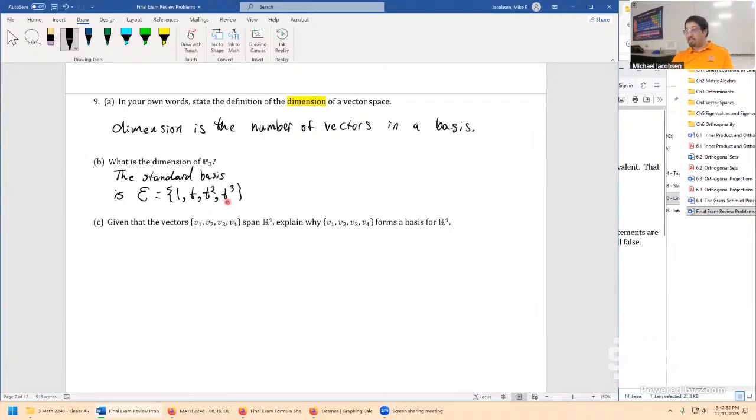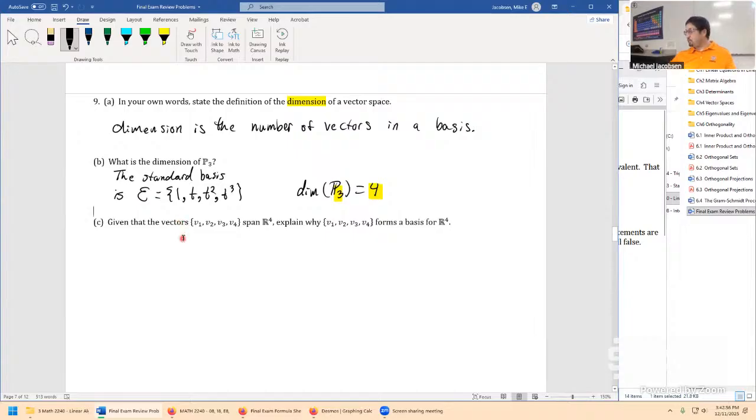But since that's a basis and it has 4 terms, we can say dimension P3 equals 4. Or really the shorthand is it's always 1 higher than the subscript down below. So you might have some problems where you just have to tell me what the dimension of certain spaces are, like on this one, making it kind of a fast concept question.